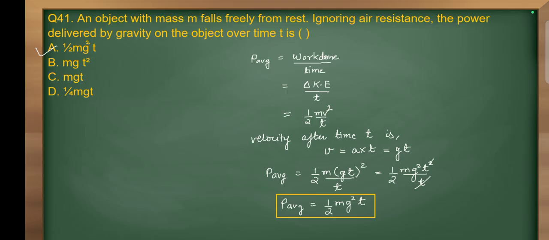We will get average power equal to half mv square by t. And we can find the velocity of the particle after time t, that is equal to acceleration into time, which is g into t. Then we put the value of velocity in average power, and we get half mg square into t. So option A is correct.